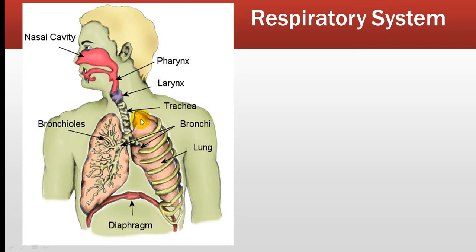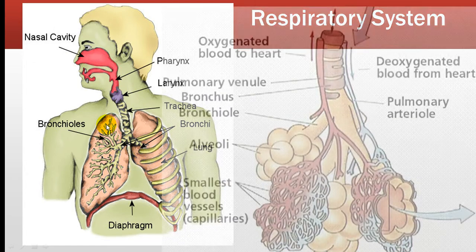So we have two lungs right here, and those lungs operate off of a negative pressure system where our diaphragm is a muscle separating our pleural cavity from our peritoneal cavity, creating a negative pressure in here. So when I move this down, it increases the area inside my chest, which allows air to come in.